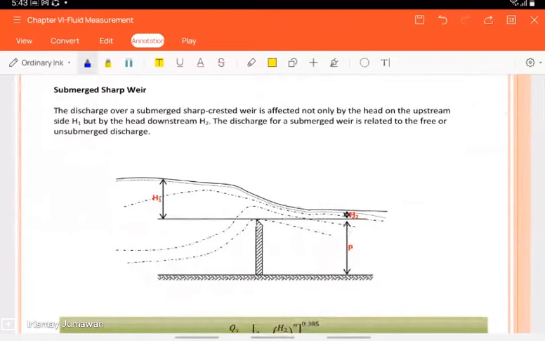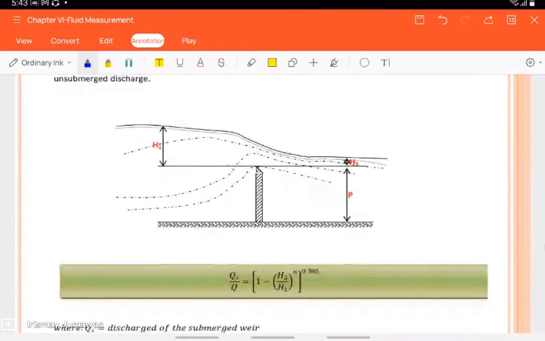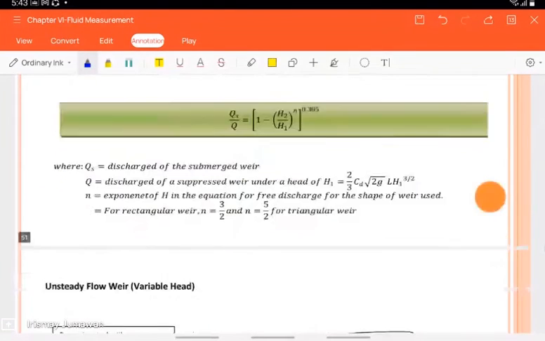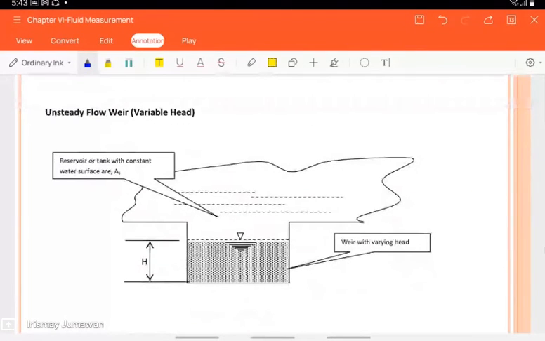Here is the sharp-crested weir, and for the submerged sharp-crested weir we also have this formula. And also for unsteady flow over a weir, we also have this formula. So if you have a reservoir tank, the area is constant, but your head is varying.